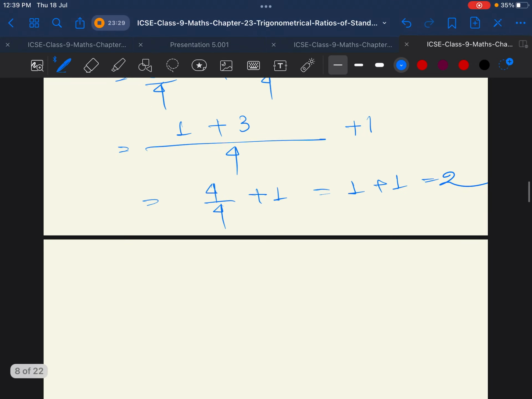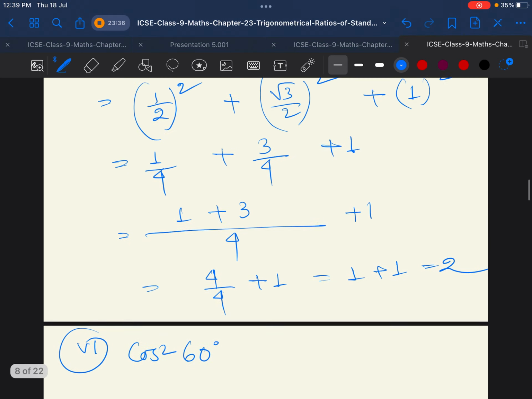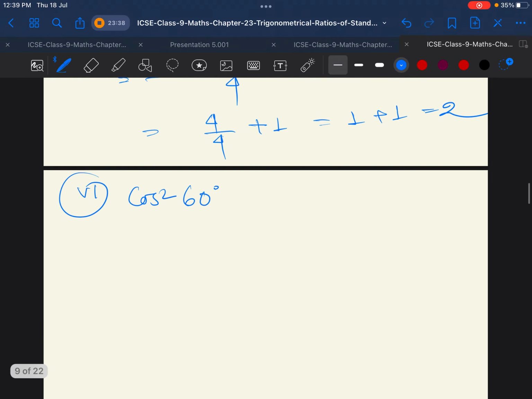Now question number 6. Cos square 60 degree plus sec square 30 degree plus tan square 45 degree.